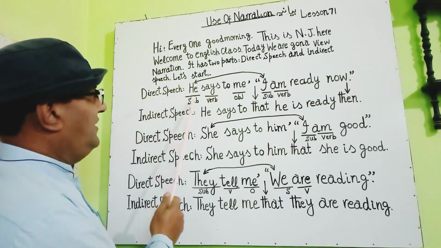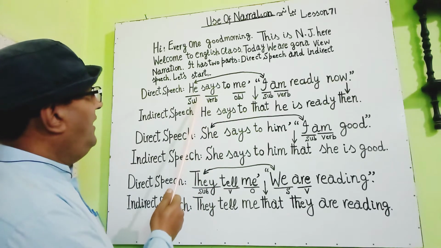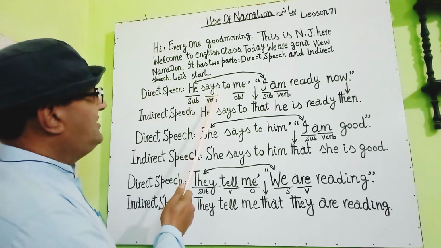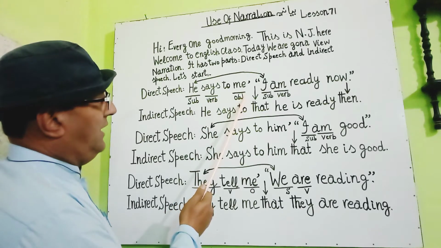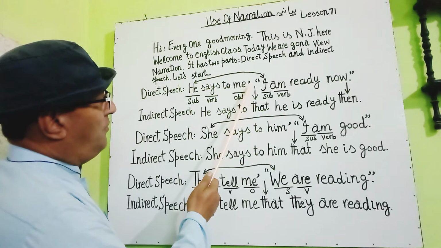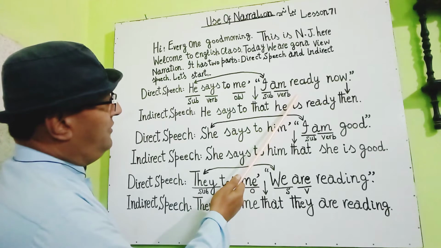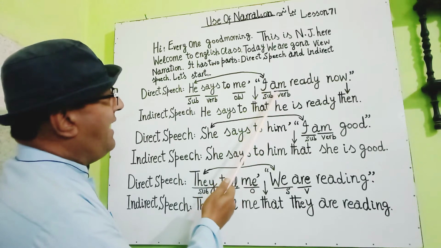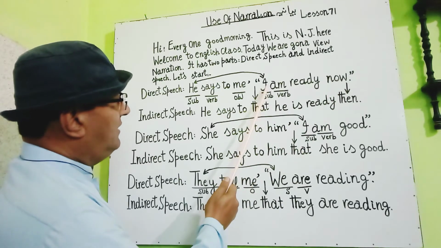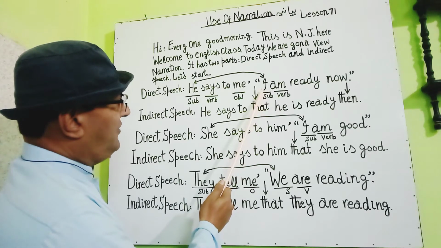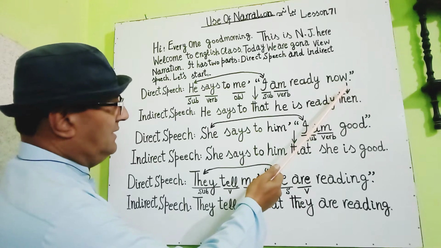This is the first sentence and it is direct speech. And here you see, he is the subject, says is a verb, and me is an object. And after this comma, there are inverted commas, and the second part of this direct speech is, I am ready now. You can see here, I is the subject in the first person, am is a verb, and the remaining two words are here.